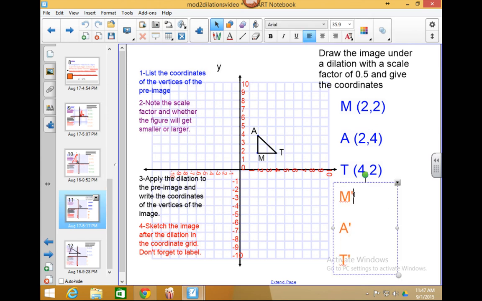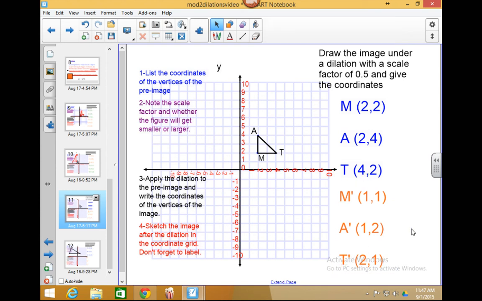So I'm going to take these numbers and multiply them by 1/2. When you multiply something by 1/2, all you're doing is cutting it in half. So 1/2 of 2 is 1, and 1/2 of 4 is 2. Okay, so that gives me all of my coordinates.